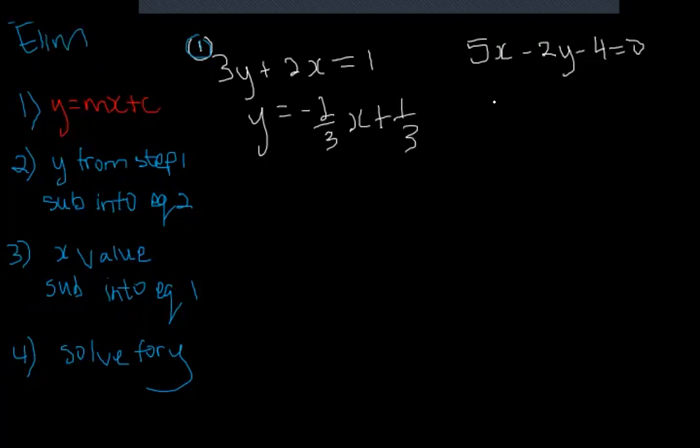And then for this one, I need to do it. So minus 2y is equal to minus 5x plus 4. Y is equal to 5/2 x plus minus 2.